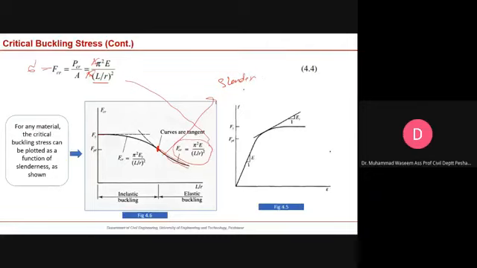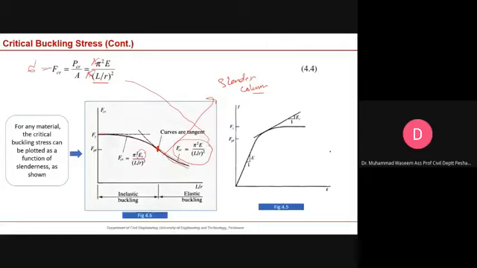Slender columns, you can say, because the stresses are elastic. If the stresses are beyond the elastic range, you can approximate with the same equation, but you should replace the E value.